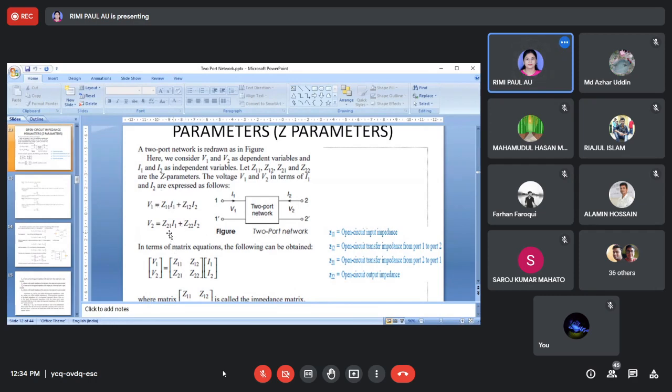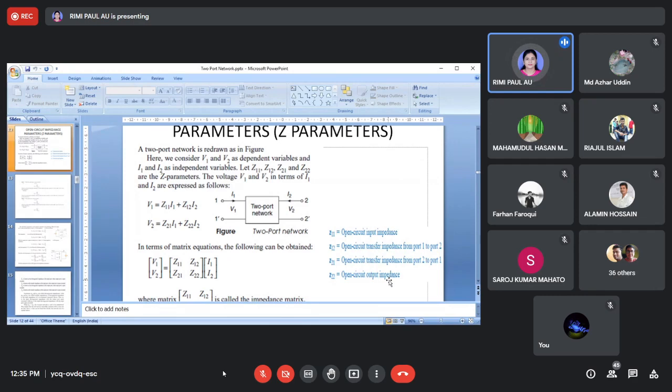Next, if I2 is equal to 0 in this equation, what do you get? V2 by I1 is equal to Z21. So Z21 is the open circuit transfer impedance from port 2 to port 1. You can remember this as Z21, the open circuit transfer impedance from port 2 to port 1, or when the output port is open circuited.